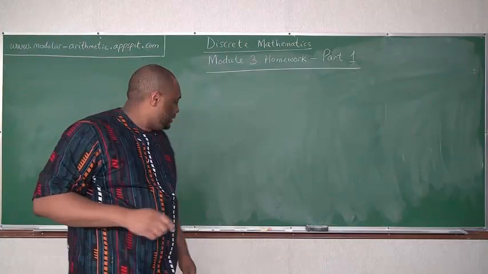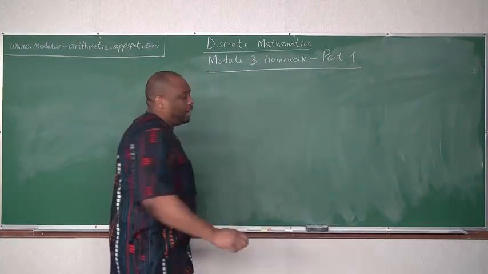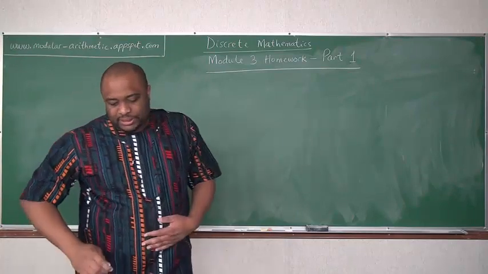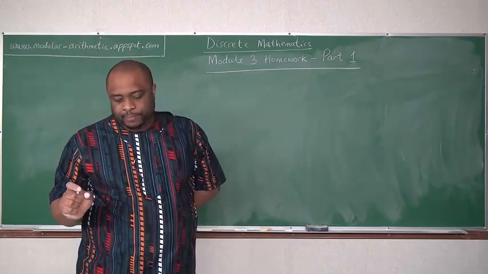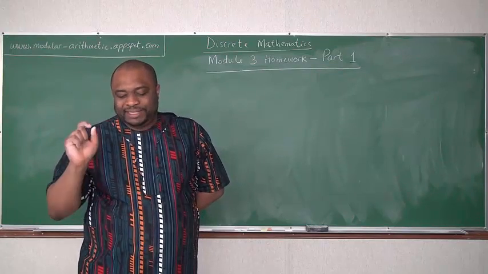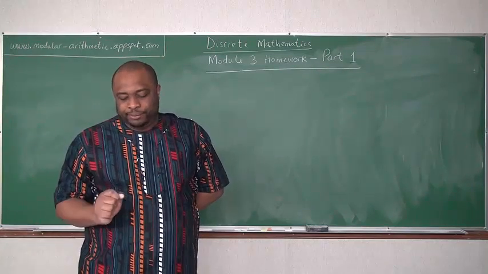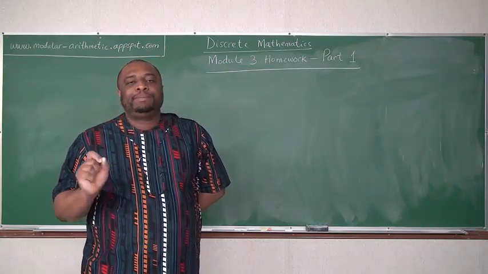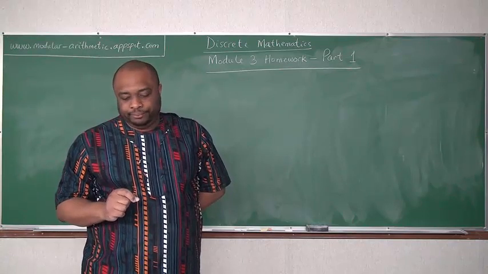Okay, let's get started. Question 1 is algorithms. Question 1 says, the following function written in pseudocode inputs income as a variable and outputs the tax corresponding to that income.